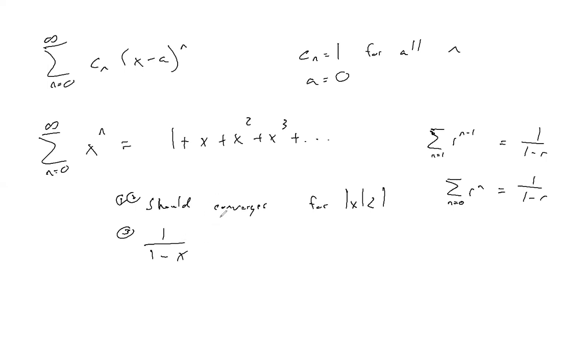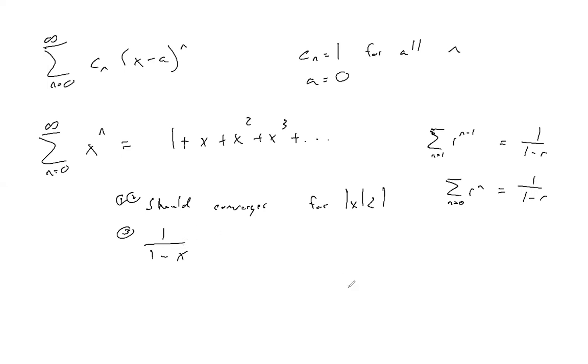This is true for this power series on the interval -1 to 1, but it's true for all power series when they converge. So this is a function, the function 1 over 1 minus x. So in between -1 and 1, my power series is equal to this function.